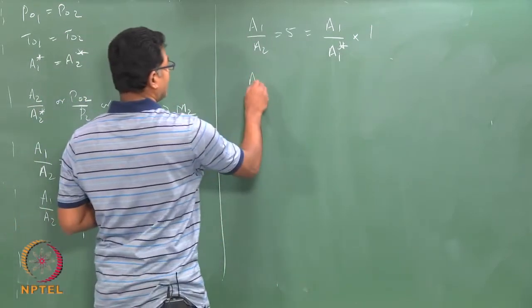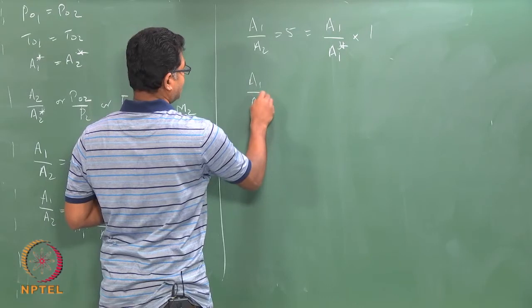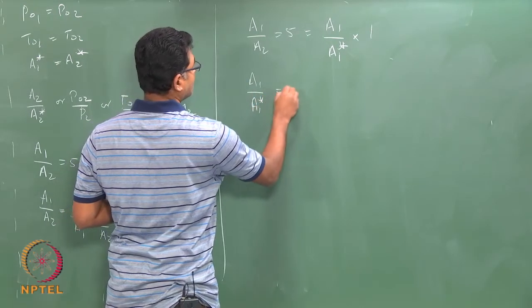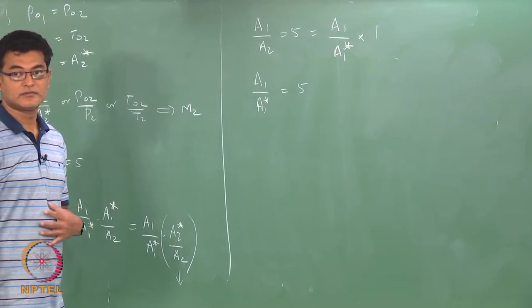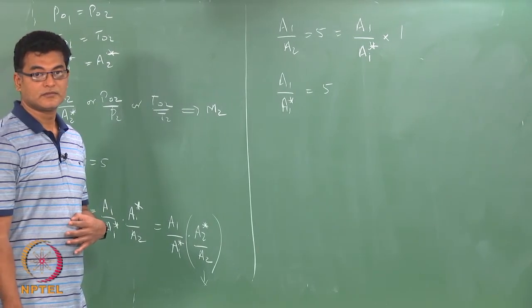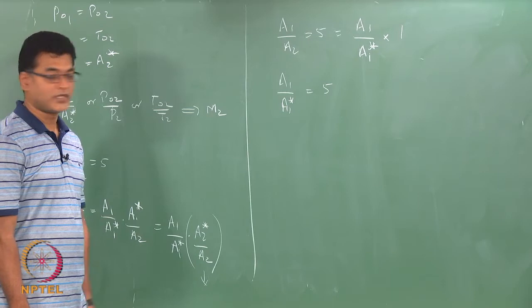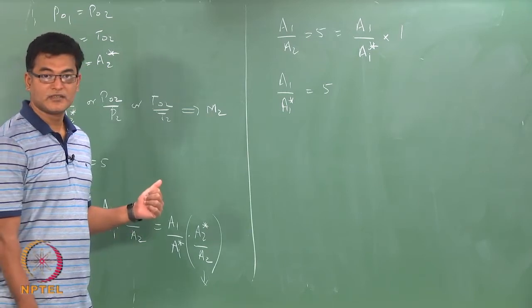So, my A1 by A1 star is 5, from which I can get M1.